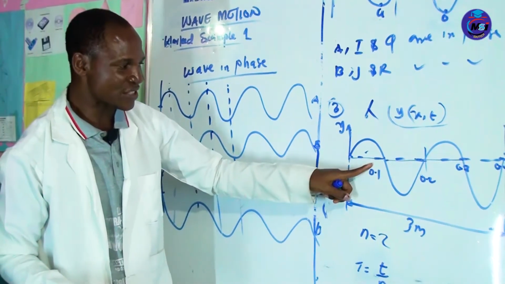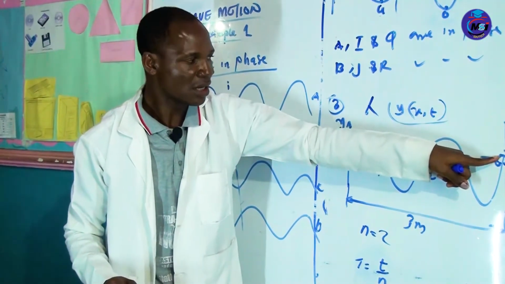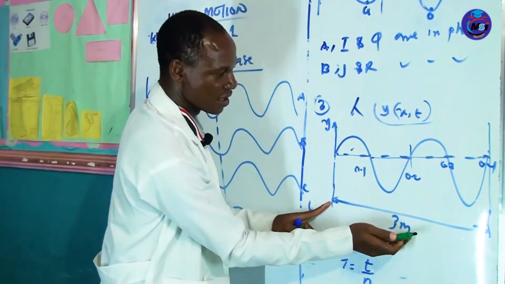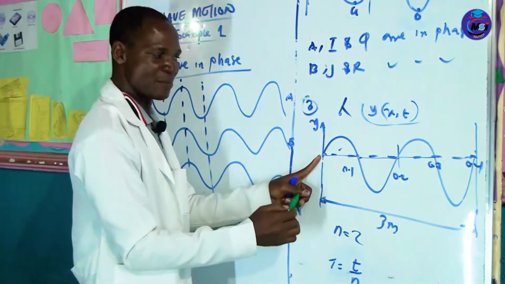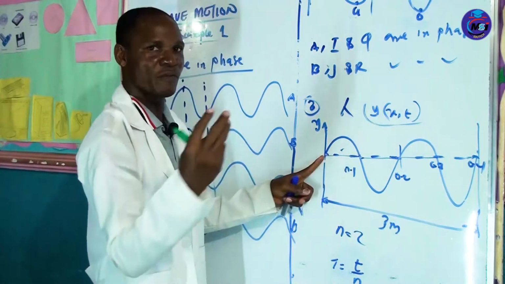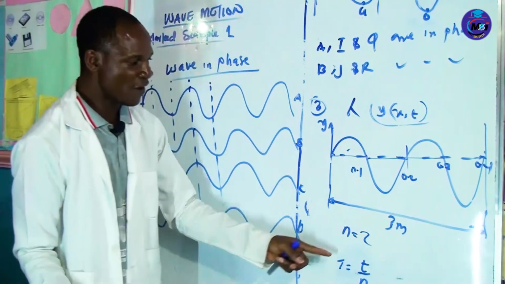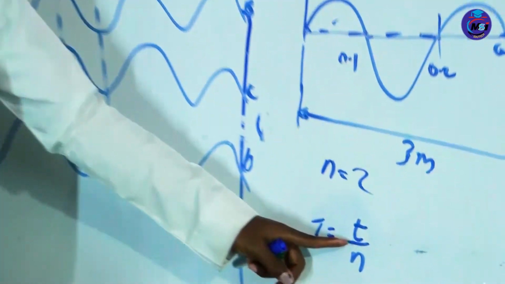So that's why this axis is for time and also the displacement, because from here is the displacement, from here to here is the time taken for each of the wave. So that's why this axis is a two-variable function. It's dependent on the x and on the t. So if I have to get this, you use this to get our period.